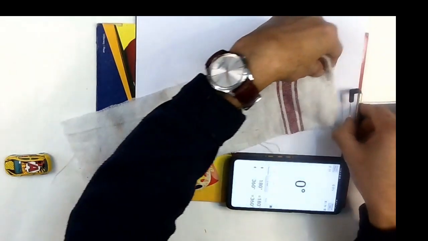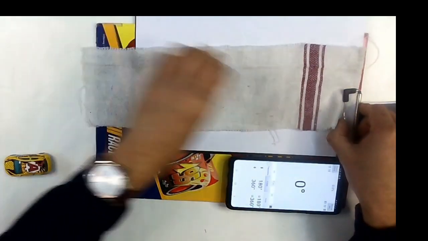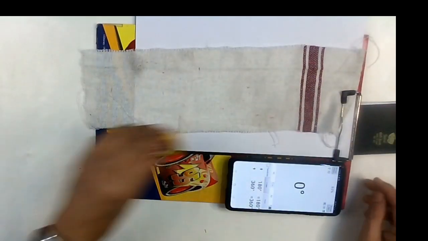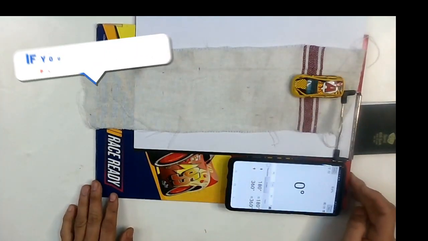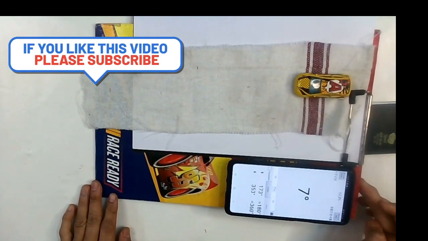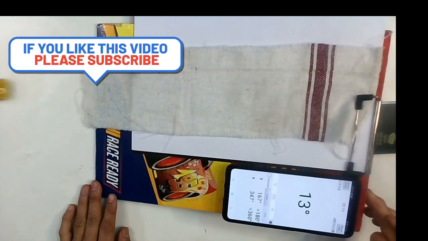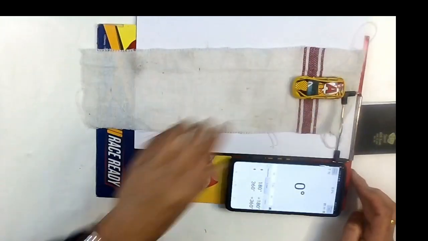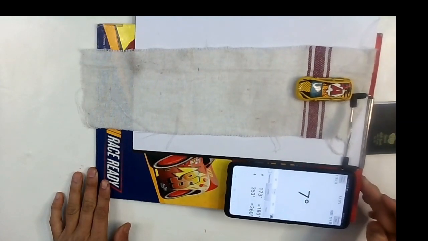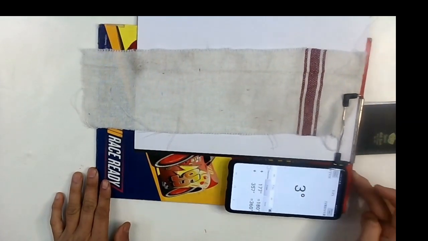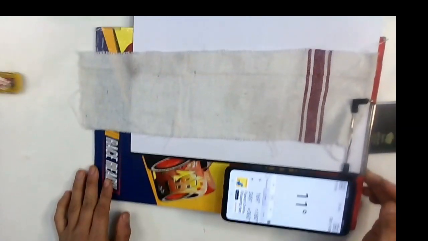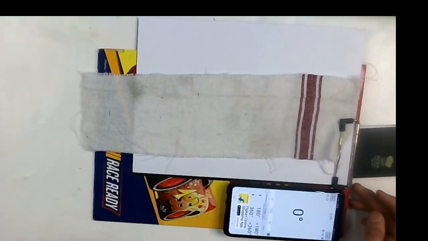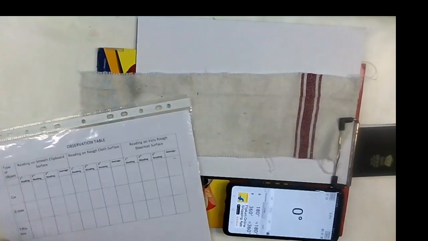Now when we take the same car on a different surface, we see the measurement. It comes 13 degree in the first reading, second reading 12 degree, third reading 11 degree. So the average is 12 degree. So we can start filling the table.